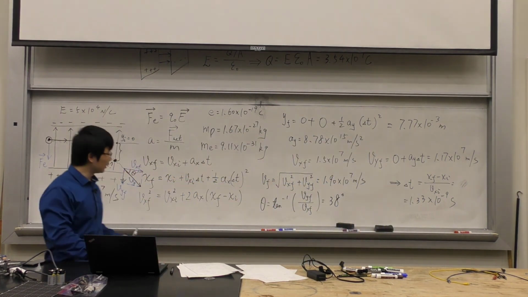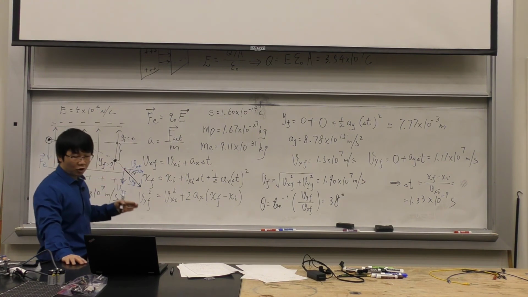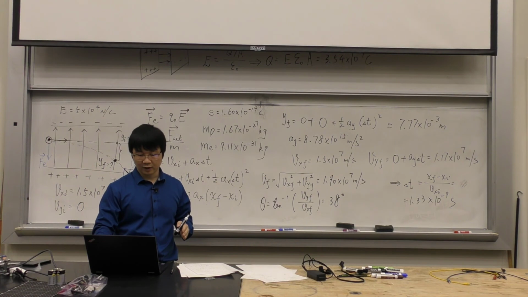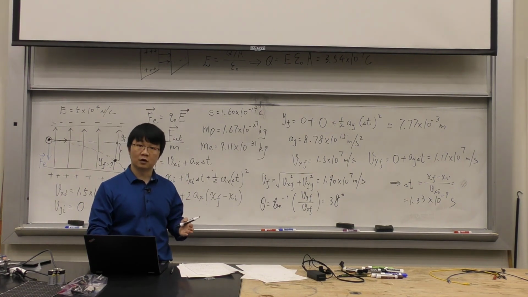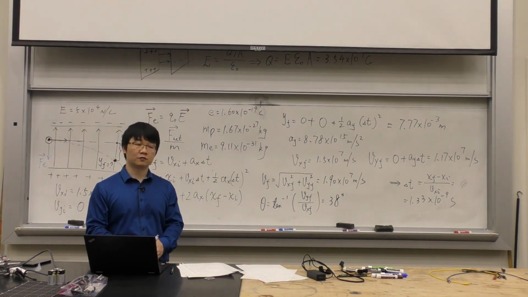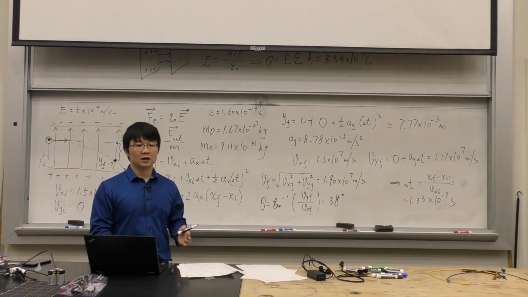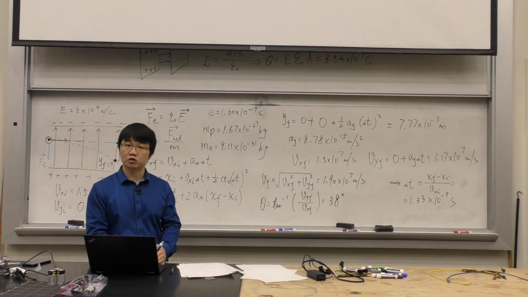So let's see what we learned today. If there's a charged particle moving in a uniform electric field, that's actually easy. We can use the theories we learned in Physics 1 to analyze its motion, because in that case it's just constant acceleration motion.